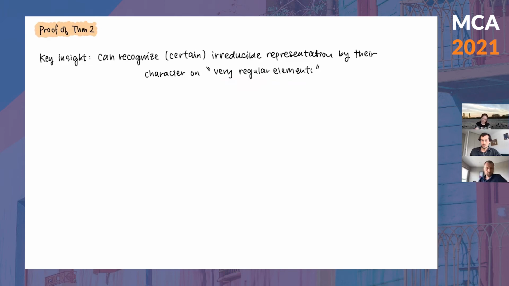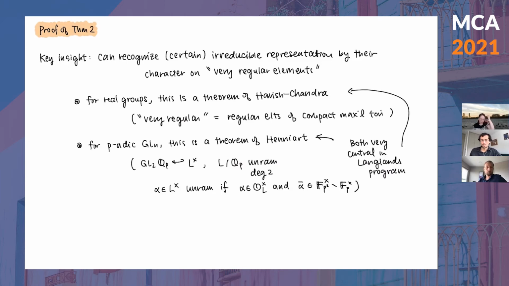And this is not in itself a new idea. This is something that has a rich history of situations where this has been very useful. The oldest is in the representation theory of real groups.